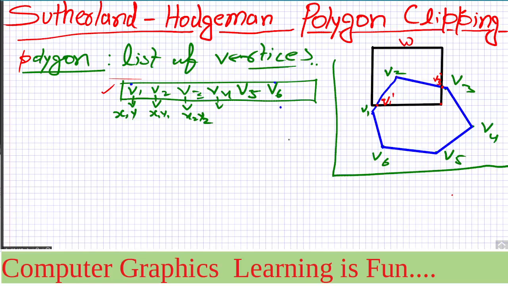So here we are seeing something about the Sutherland-Hodgeman Polygon Clipping algorithm. What we try to understand is that a polygon is a list of vertices. Suppose we have v1, v2 to v6, then a polygon can be represented by connecting all these points together, and whatever area is within the polygon, that is the area of the polygon.